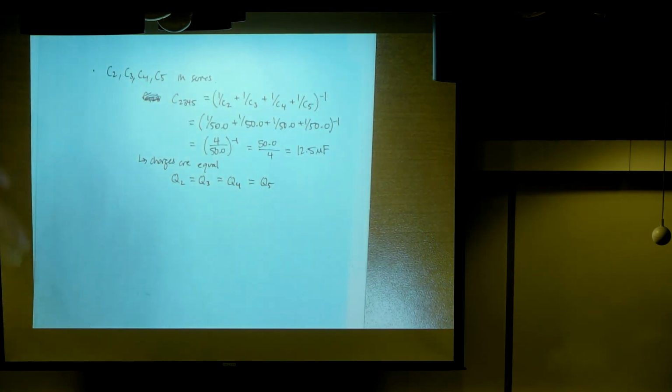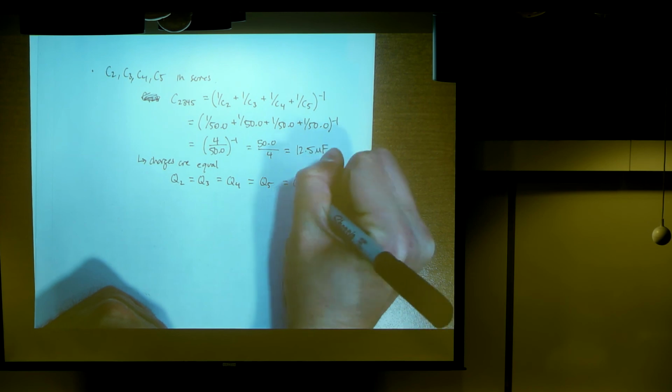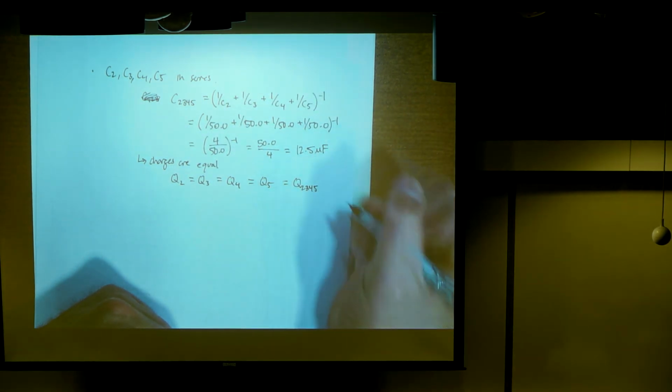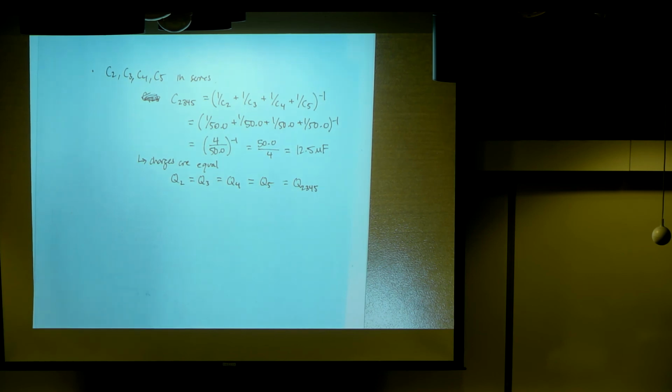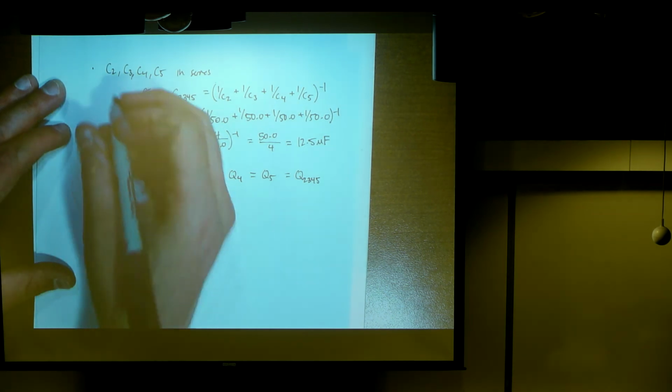Because these are all in series, they have the same charge. And that's equivalent to the charge on our equivalent capacitor Q2345. Okay? So what we're going to do next is redraw the circuit from the original drawing.